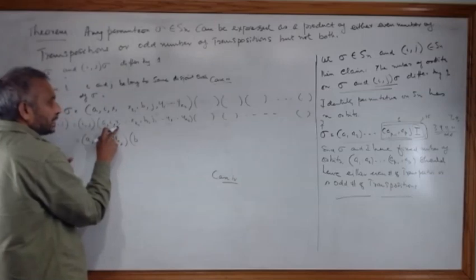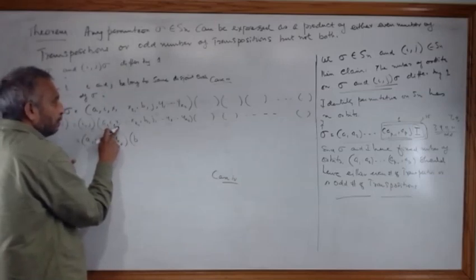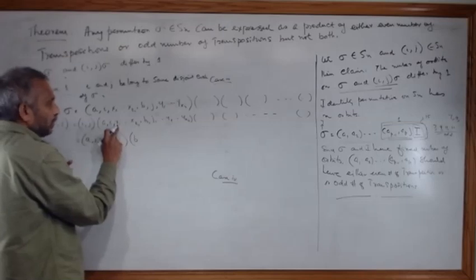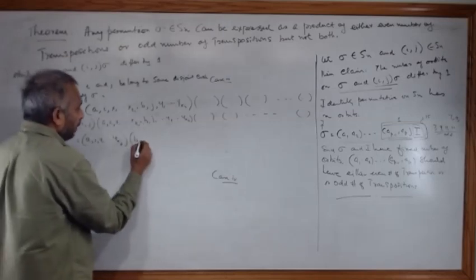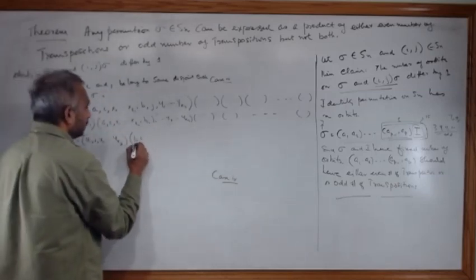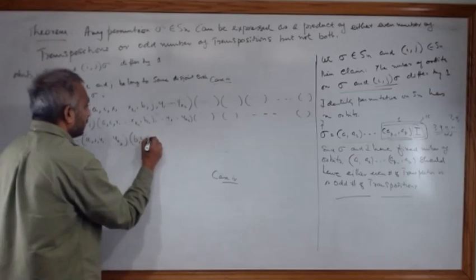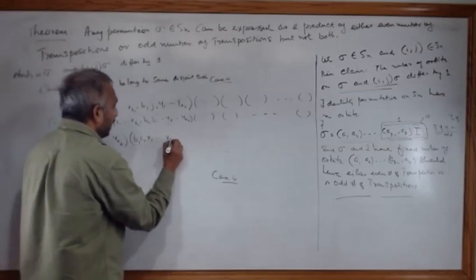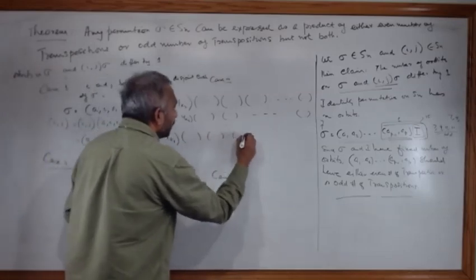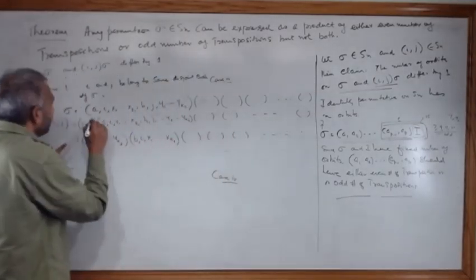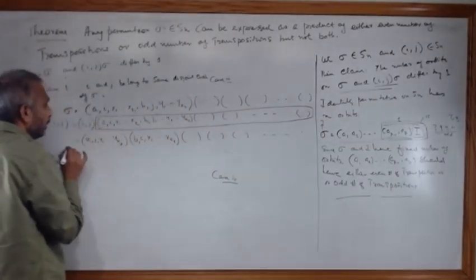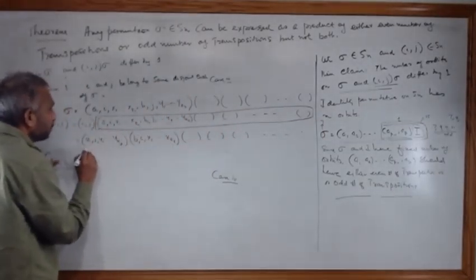You can start with x1 also, but I'll start with b. Finally I'll reach x1. So b, comma j, and j goes to i, and i goes to x1. I got x1 here, and then again the same thing. So this is my sigma, and here this is my product.